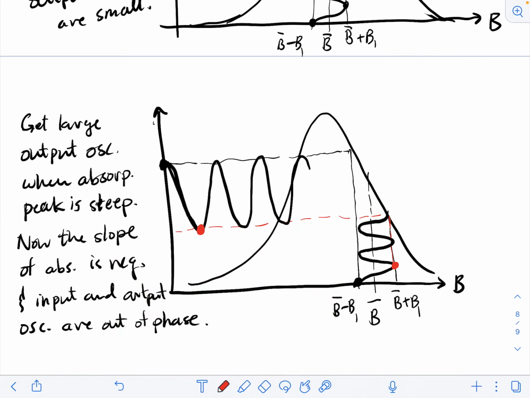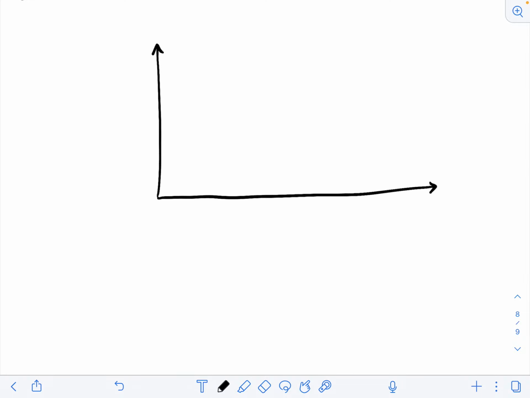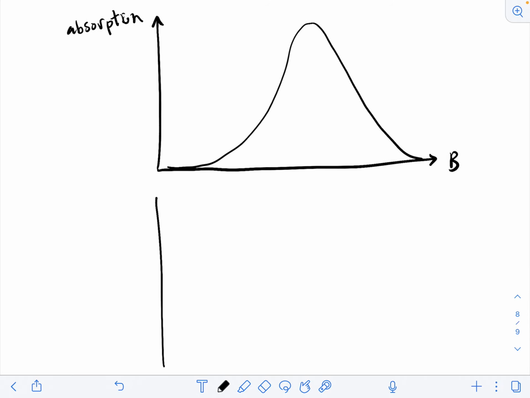so we can summarize all of these things, I think, in one nice plot. So I'll make two plots, in fact. We'll have the absorption signal as a function of magnetic field, and then below it I'm going to plot, as a function of field again, the lock-in detector signal.